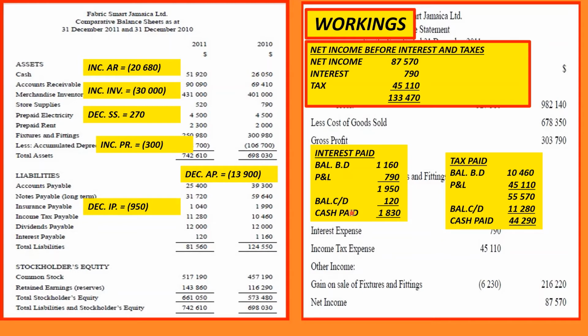Now all these figures, we put them together to get the net cash flow from operating activities or operations.